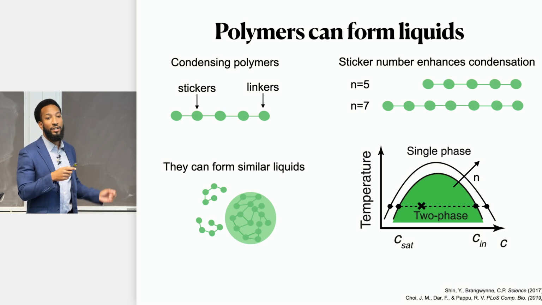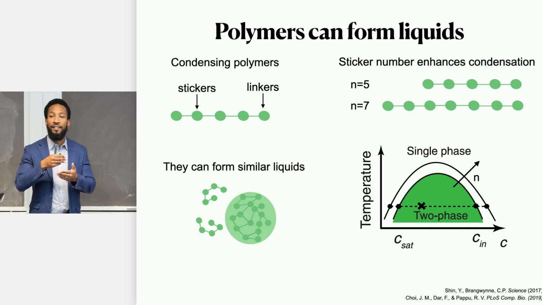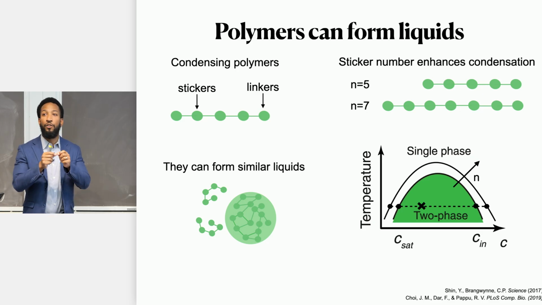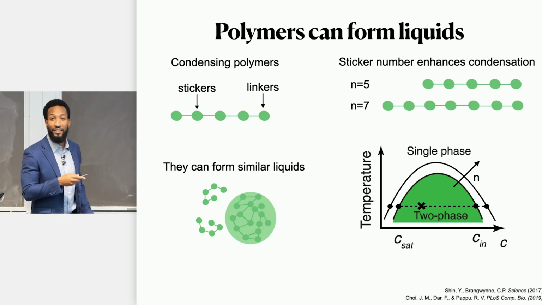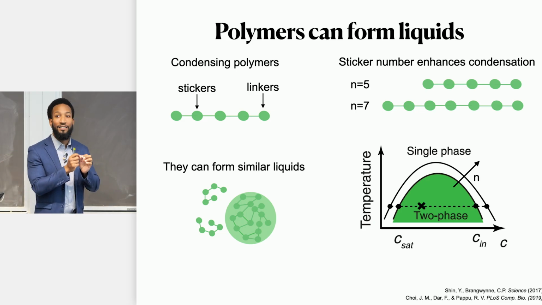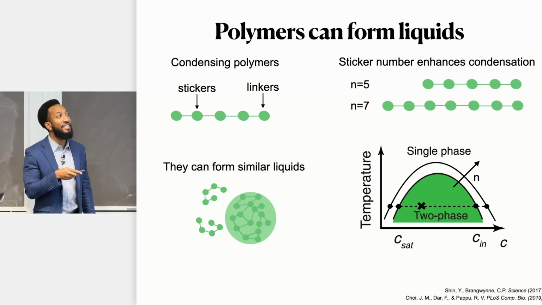Csat is the saturating concentration, meaning if you have more than that concentration, you will phase separate and form a liquid and a vapor. If you have less than that, it'll just be a vapor. Similarly over here, Cn is the concentration inside the liquid droplet. So this is the vapor, this is the liquid.